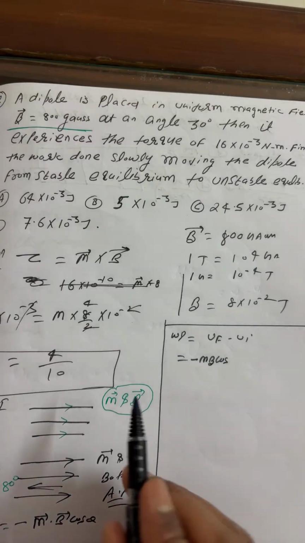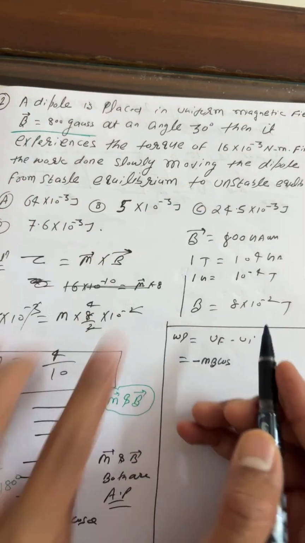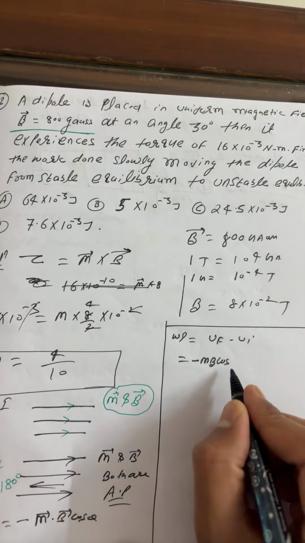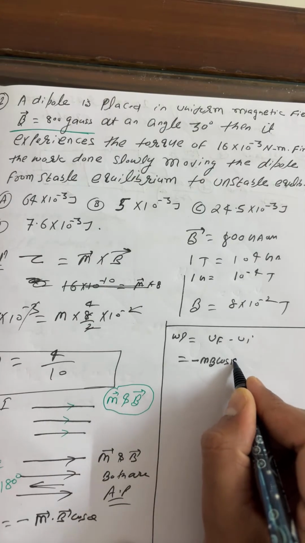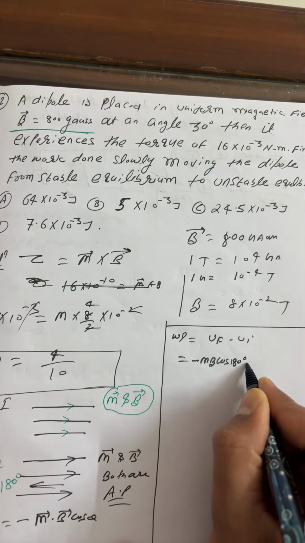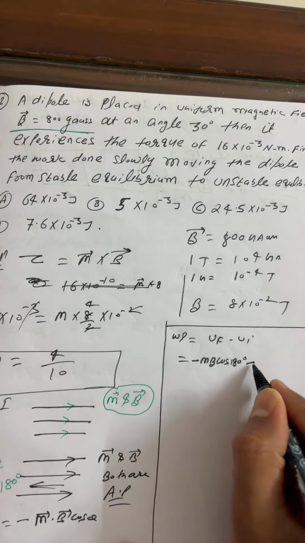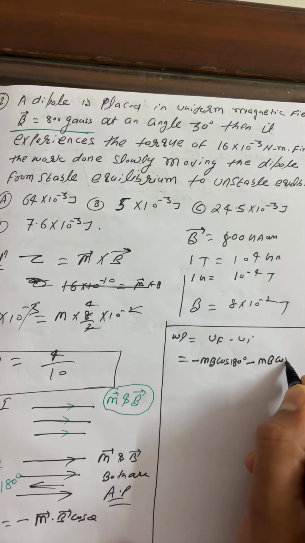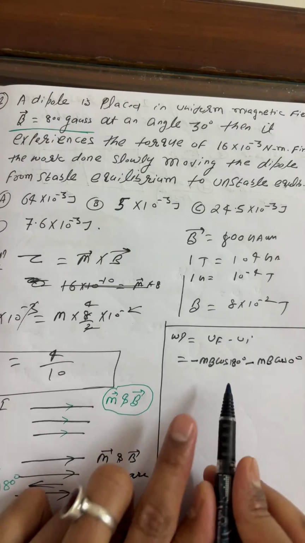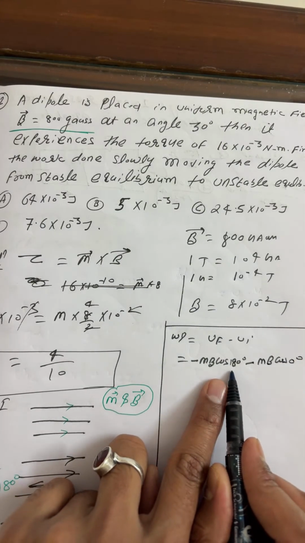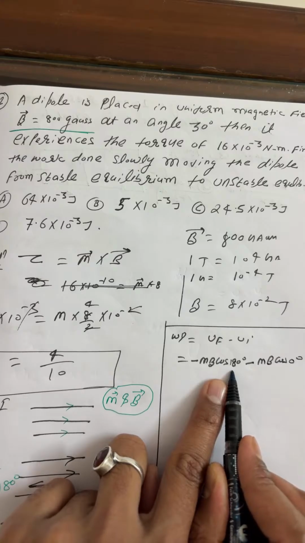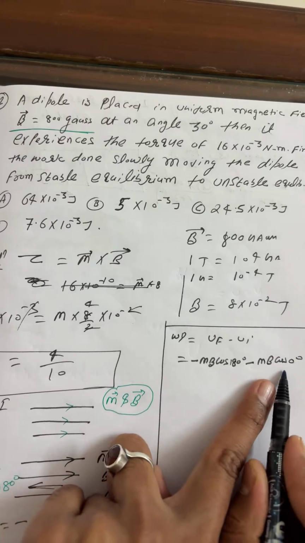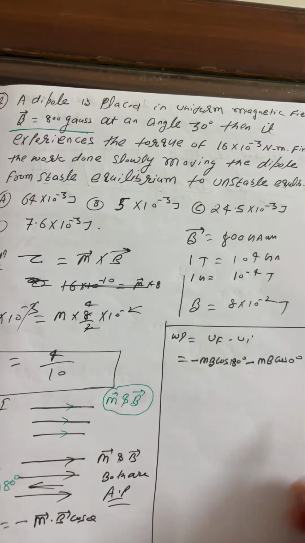They mentioned stable equilibrium to unstable equilibrium. This is the final: minus M B cos 180 degrees, minus the initial, which is minus M B cos 0. Again I'm repeating: for the unstable condition this is the final, and the stable condition is the initial, my dear.